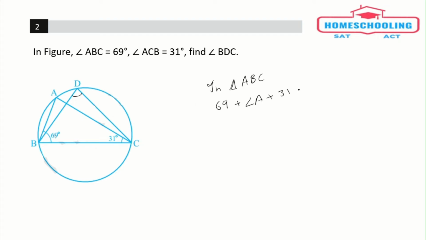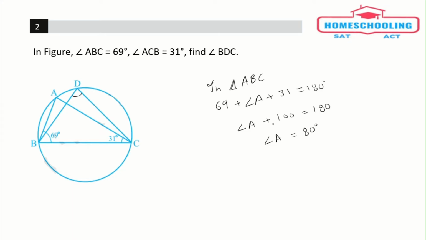The sum of their angles would be 180 degrees. So angle A plus 69 plus 31 is equal to 180. So angle A is equal to 180 minus 100, that would be 80 degrees.